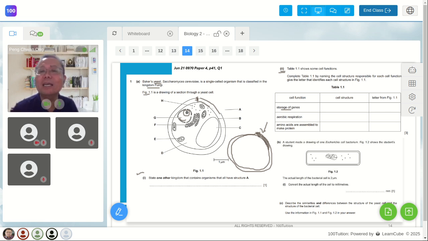Then finally, the amino acids are assembled to make protein. What's the name of the cell structure? And then what's the letter? Okay, very good.